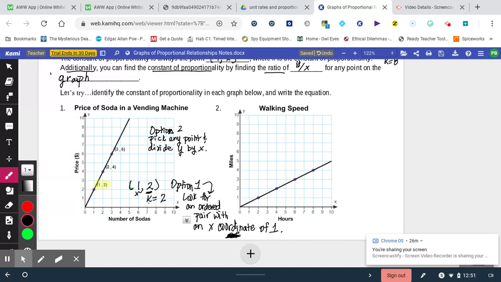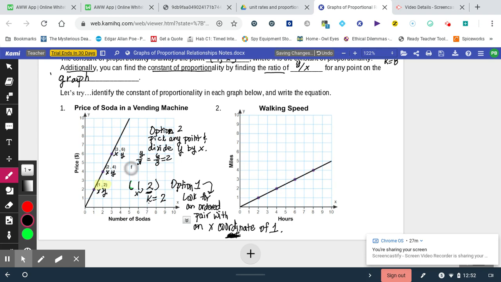So I'm going to label these. Every ordered pair consists of an x and then a y. So I could have taken any y and divided it by an x. Like if I look at this point, 3, 6, I can take 6 and divide it by 3, I get 2.